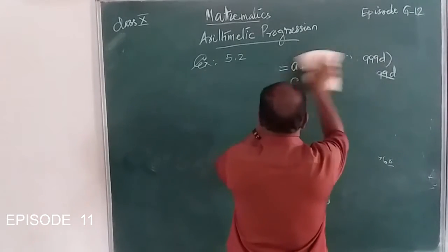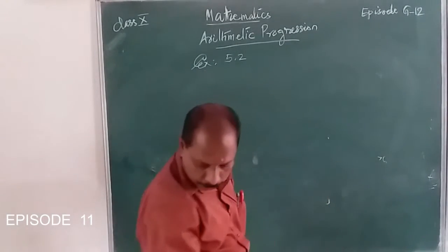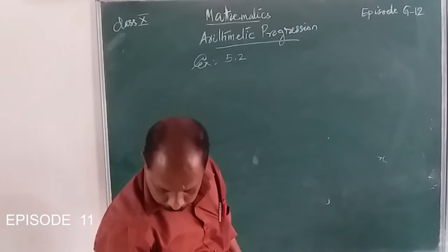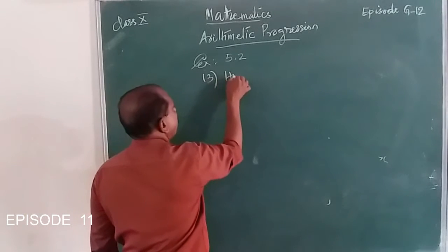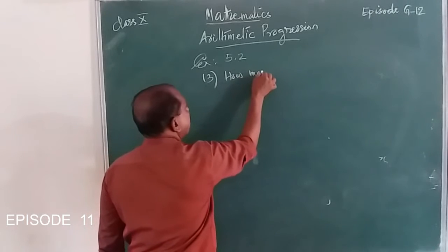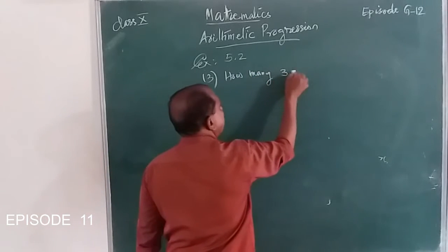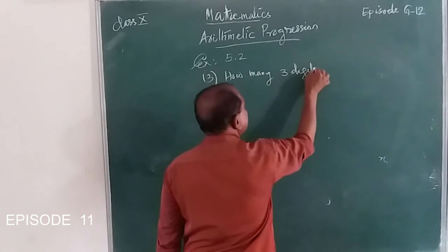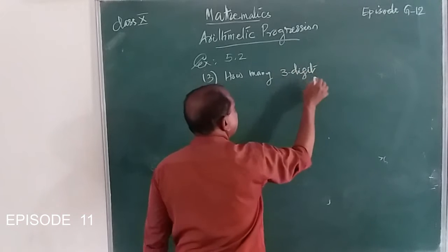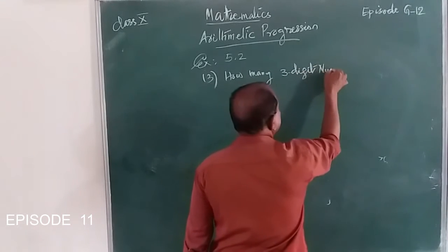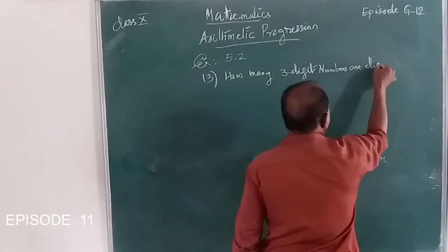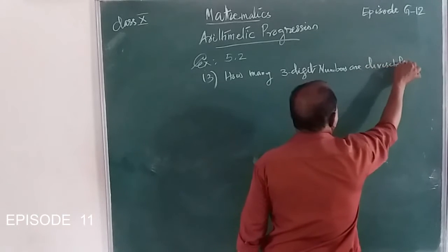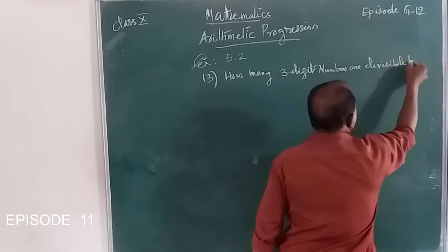Then question number 13. How many three-digit numbers are divisible by 7?